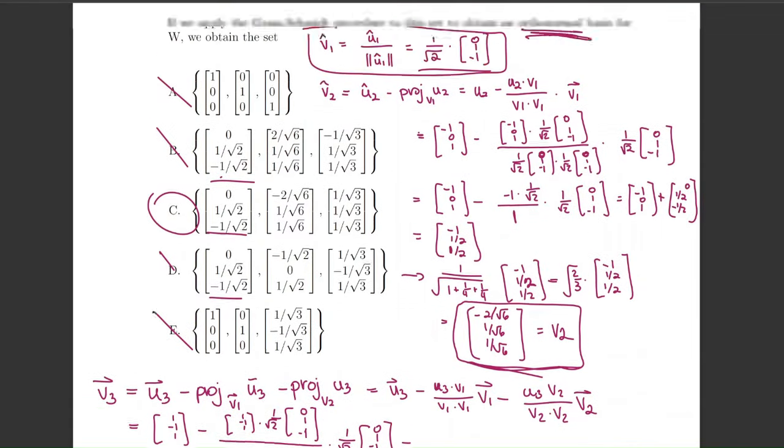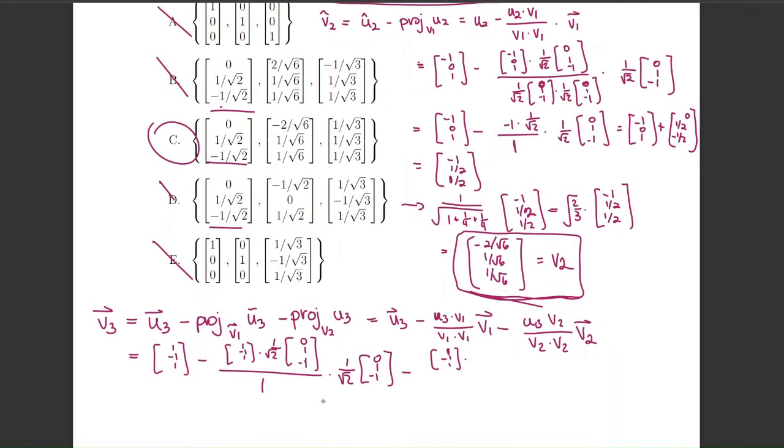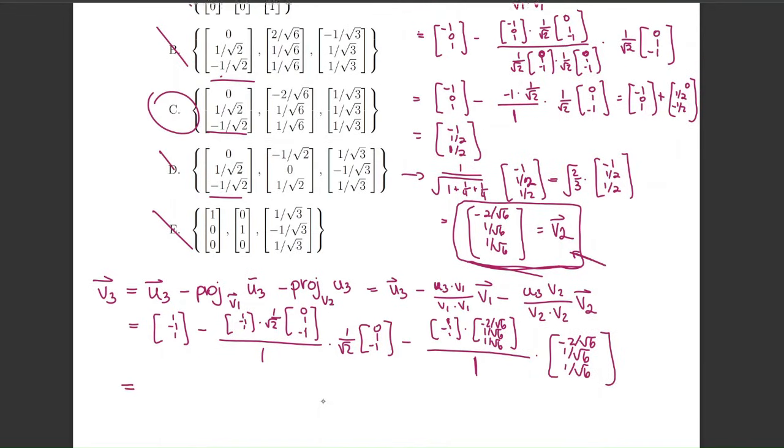Minus u3 dot v2 over v2 dot v2. So what is that? Okay, 1, negative 1, 1, dot with negative 2 over square root of 6, 1 over square root of 6, 1 over square root of 6. v2 here is normalized, so we just know v2 dot v2 is going to be 1. Okay, that gives us 1, negative 1, 1 minus, okay, 1 times 0, negative 1, 1.